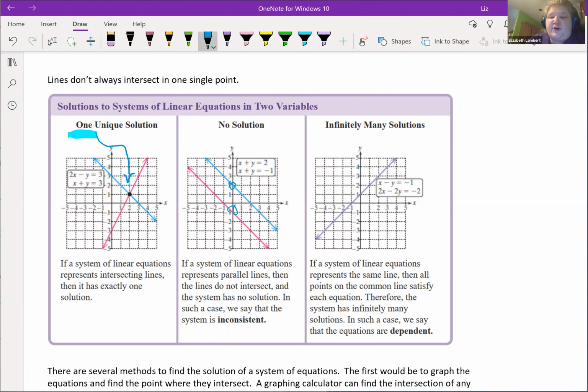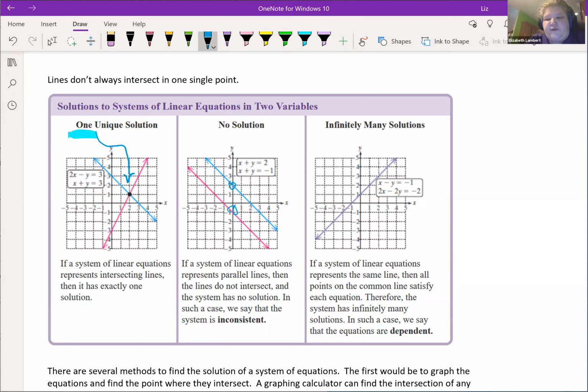As opposed to over here, you notice it's a purple line. It's purple because it's technically the red, that pink, and that blue on top of each other. Now, initially, it may not look like they're the same line because it's not exactly the same. But check out, how would I go from the first equation to the second equation? x versus 2x, -y versus -2y, -1 versus -2.